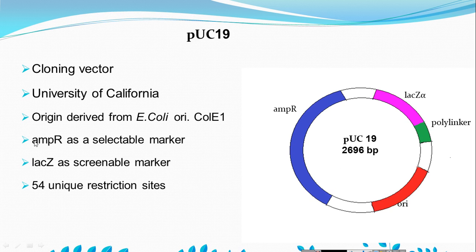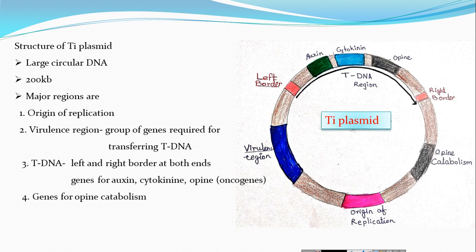It has ampicillin resistance gene as a selectable marker, lacZ gene as a screenable marker, and it has the presence of 54 unique restriction sites. The size of the plasmid is 2.6 kilobase pair and it is commonly used in all types of cloning purposes.